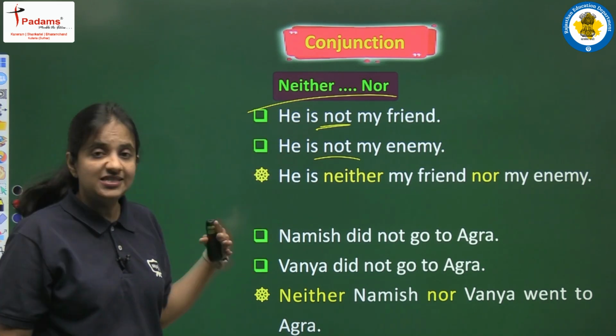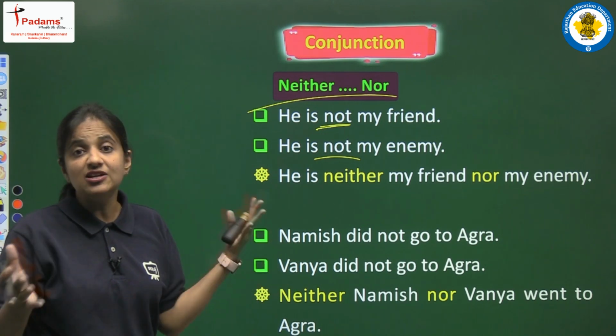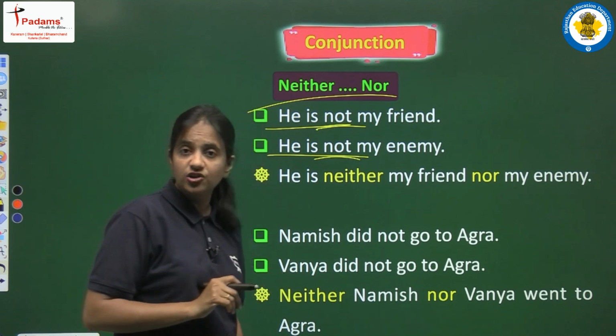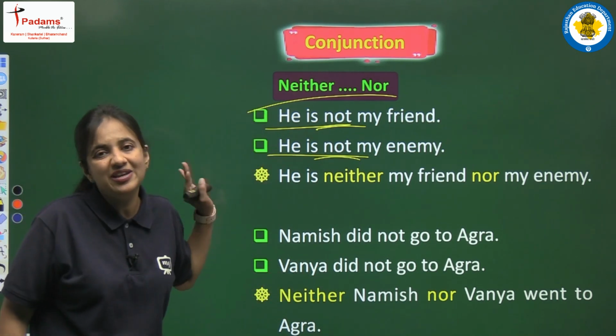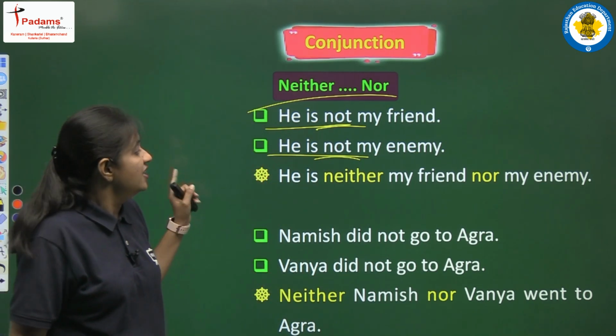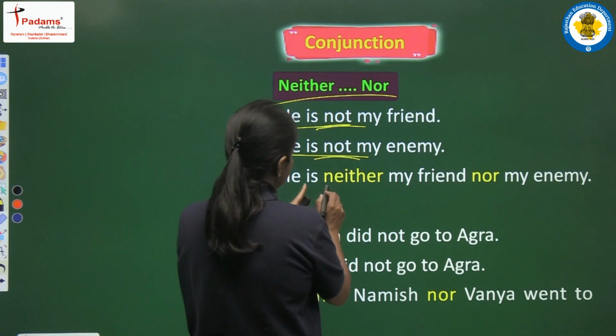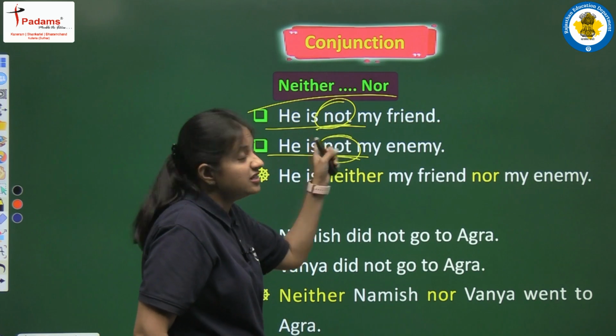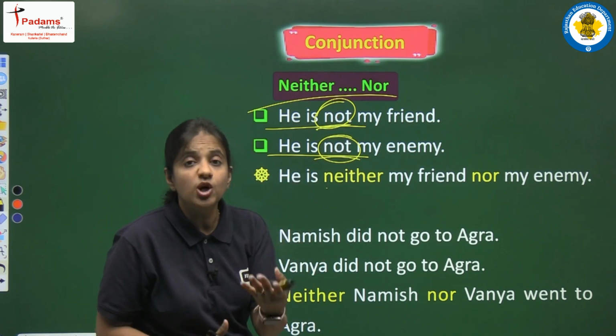Again we have to do the same thing. First of all, we have to find the common part. Common part is he is not, right? And let's see how we can use neither nor in a sentence. So first of all we are writing he is, and now when we use neither, this not will be removed. Why?